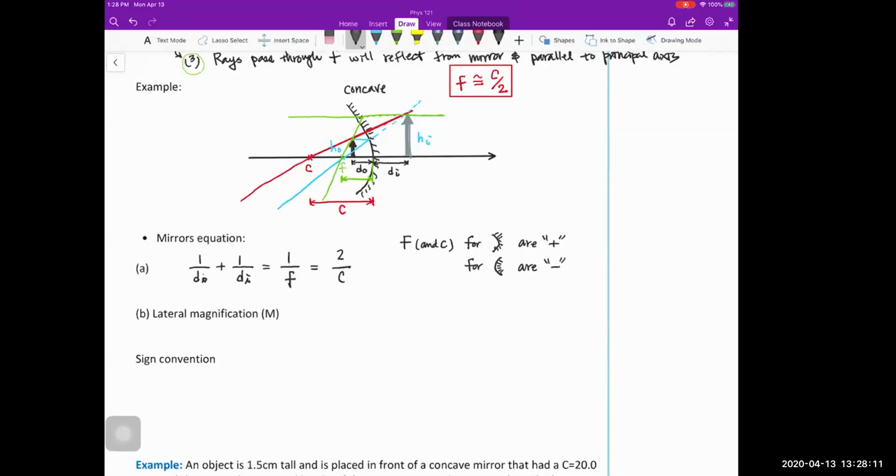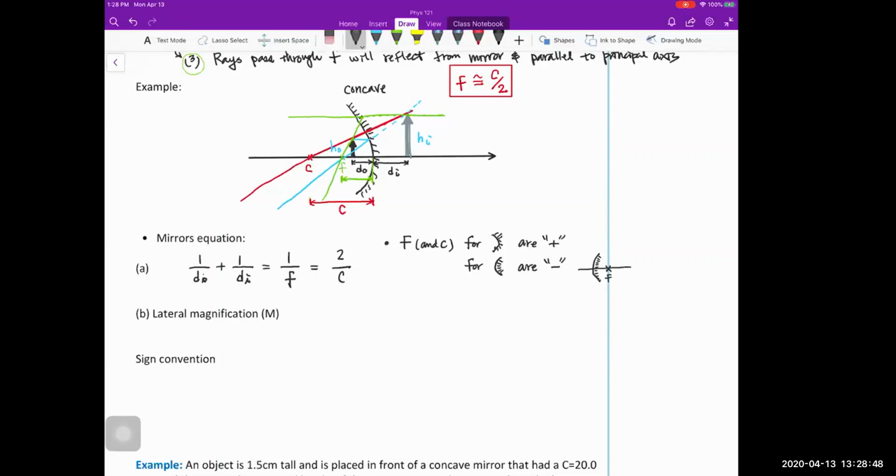So for concave, the F value will be positive because it's on the left-hand side, on the same side of the object. So it's in front of the mirror, then it will be positive. For the convex, your focal point is going to be on the back of the mirror, so that's going to be a negative. So this is the focal point of that kind of mirror, and we put a negative for that. So this is the sign for the F.